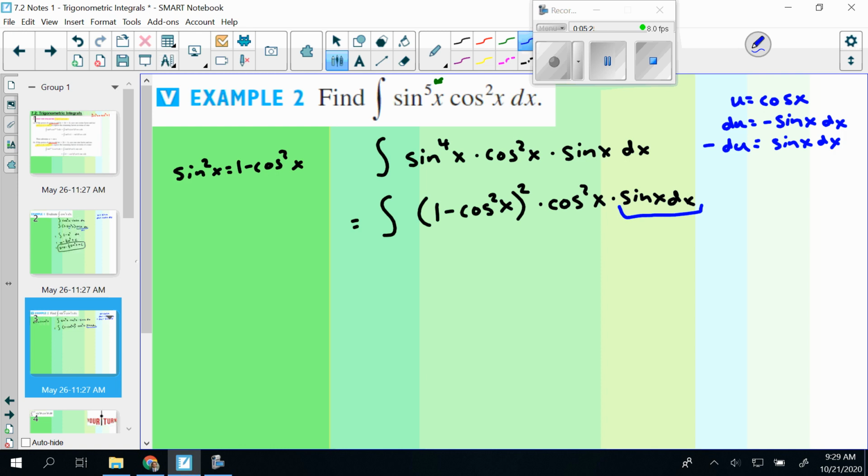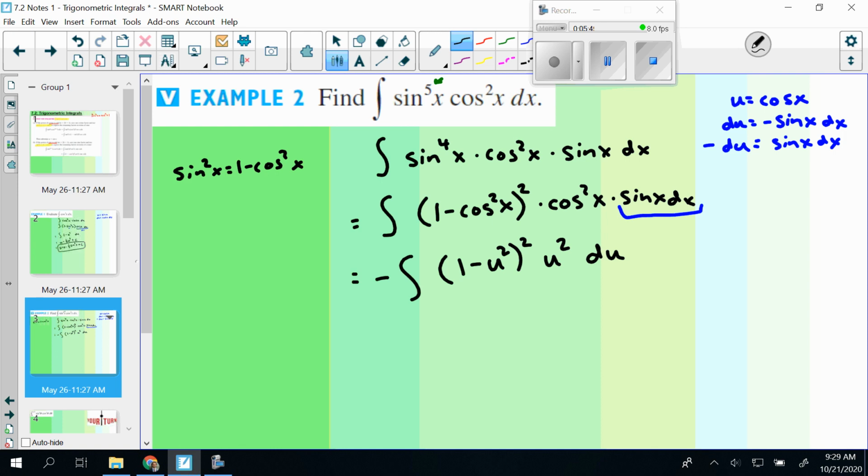So we are going to end up with an extra negative on this one. Let's make our substitutions. I'm going to put that negative out front. This is going to turn into 1 minus u squared, squared. Cosine squared is going to turn into u squared. And then my sine x dx turns into my du, with that negative that I already put out front.